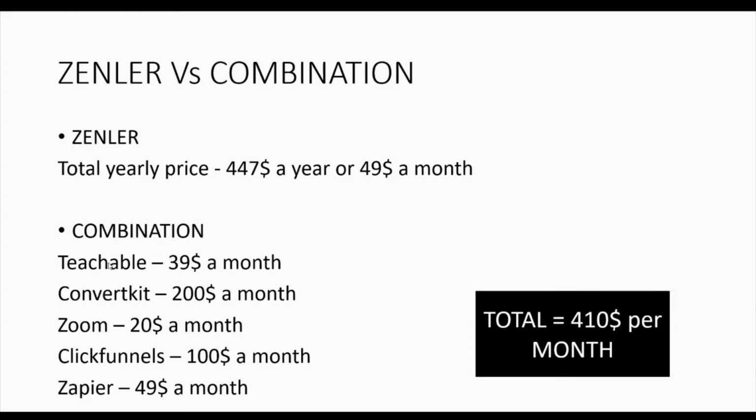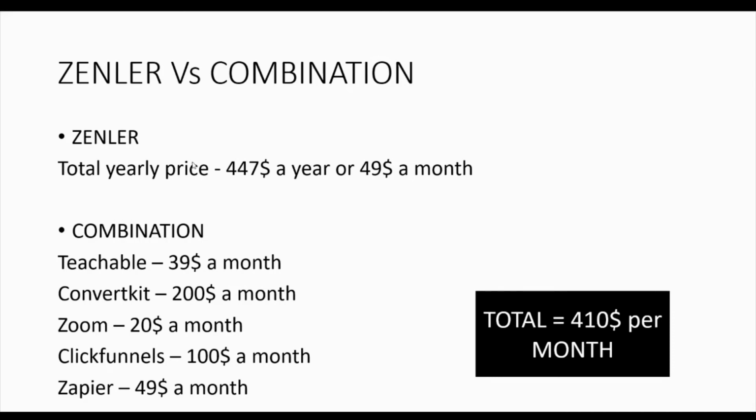That means to use the same Zenler system, you are paying $410 per month, while here you're paying $447 a year. Approximately same price, but you are paying here per month and you're paying here per year. Now it's up to you how you go with it. I have opted for Zenler and I find it very intriguing and very worth my money, right?